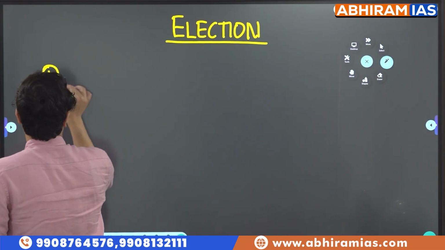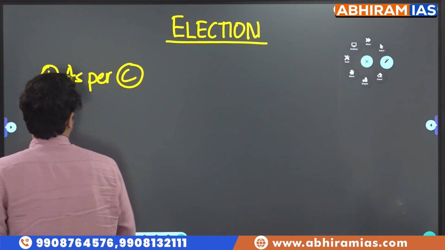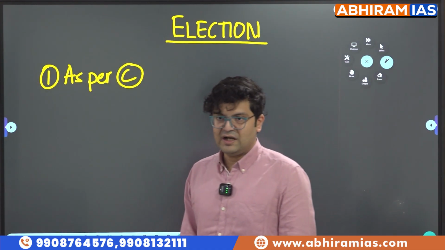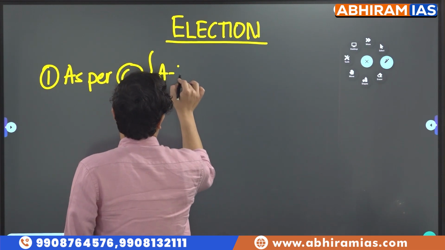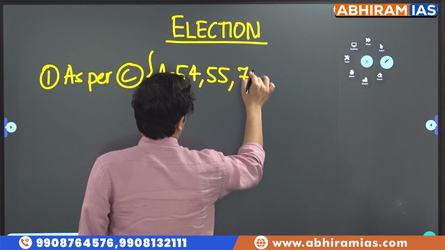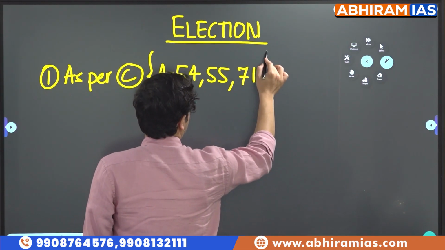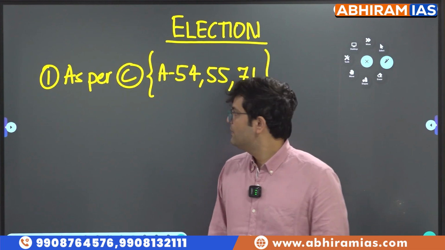So, first, as per Constitution, we have certain articles like Article 54, 55, 71 that primarily deal with his election process.